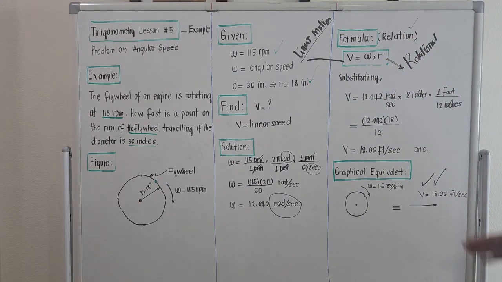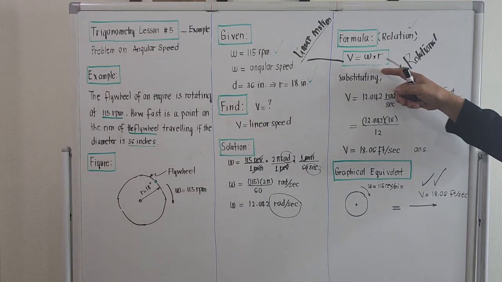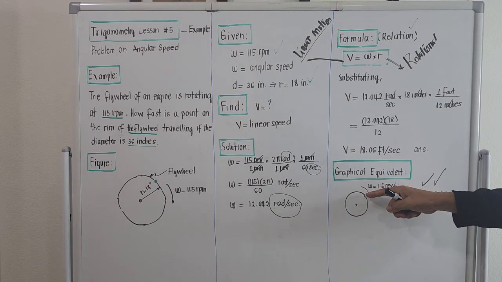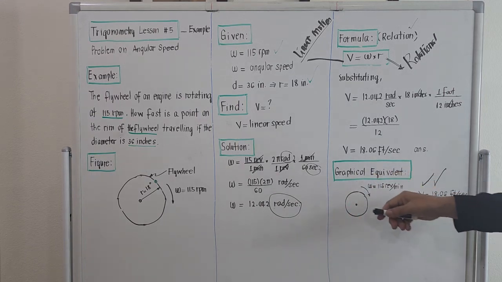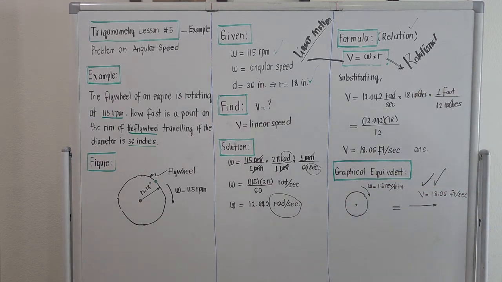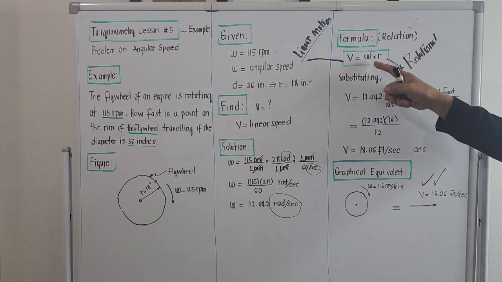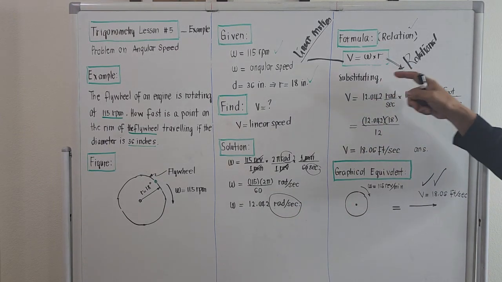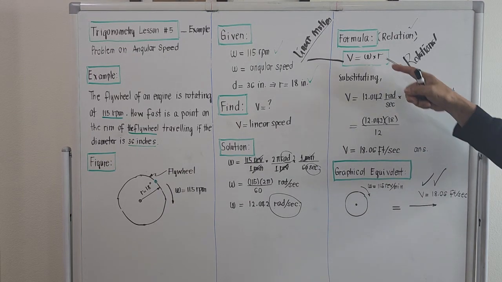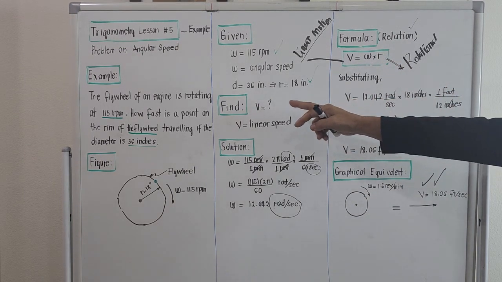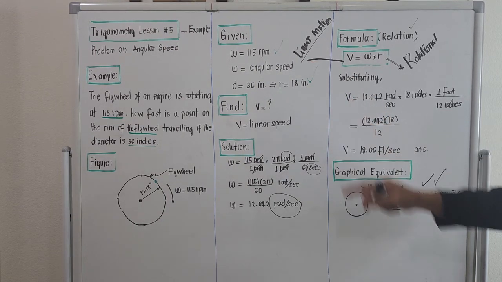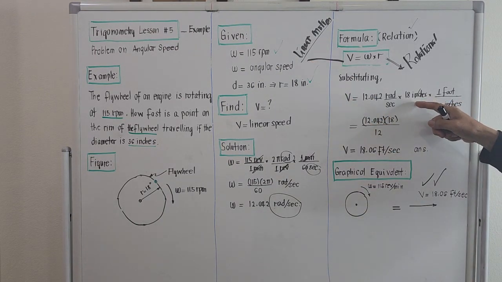So by using this equation, we could now compute for the linear speed. If this point here that is rotating runs linearly, what will be the speed? It will be omega, as per computation 12.042 radians per second, times r. We converted this 36 inches to radius, that will be 18 inches. So this is times 18 inches.